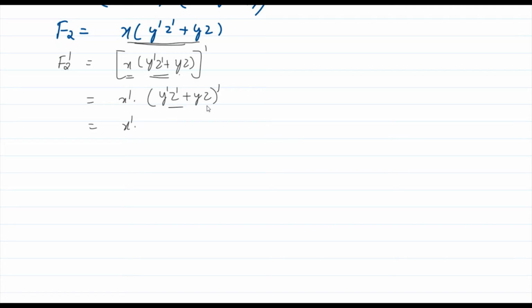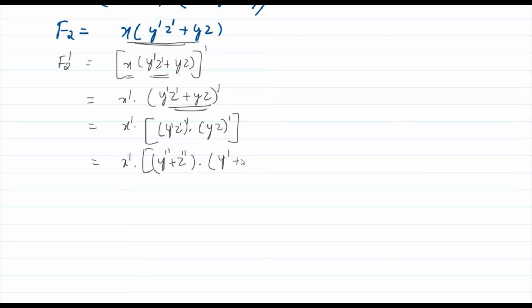Now apply De Morgan's theorem for this bracket, that is I write y prime z prime whole prime dot yz whole prime. Now you see x prime dot, if I simplify this, y double prime plus z double prime it is, this is dot as usual, so I can write this y prime plus z prime by De Morgan's theorem.